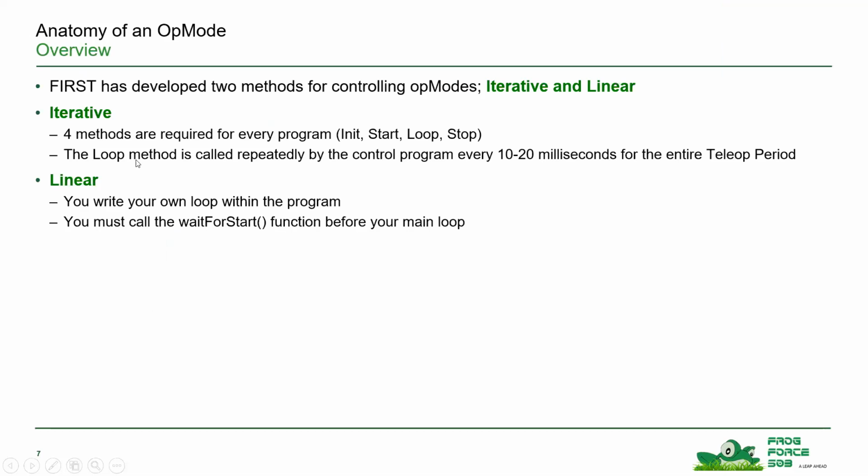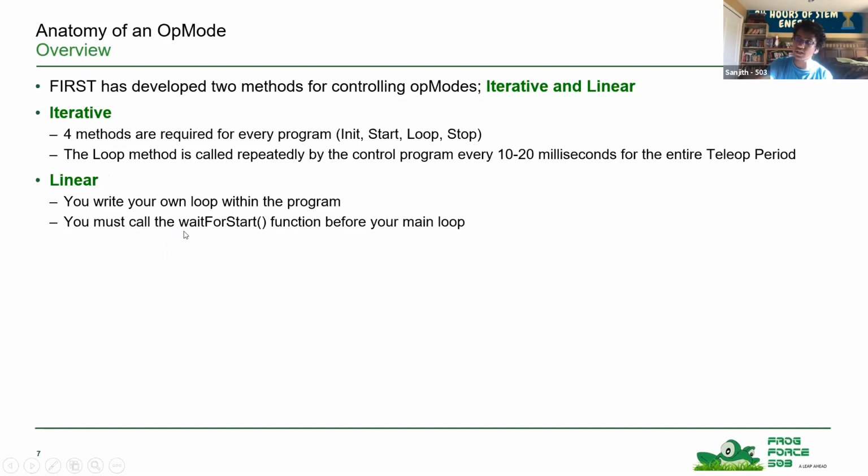Thank you. This iterative op mode is sometimes called just a regular op mode, or just op mode. And the linear op mode is always called linear op mode. It's not required, but in general, an iterative op mode is mostly used for teleop, and a linear op mode is mostly used for autonomous, but they can be used interchangeably with different structures.